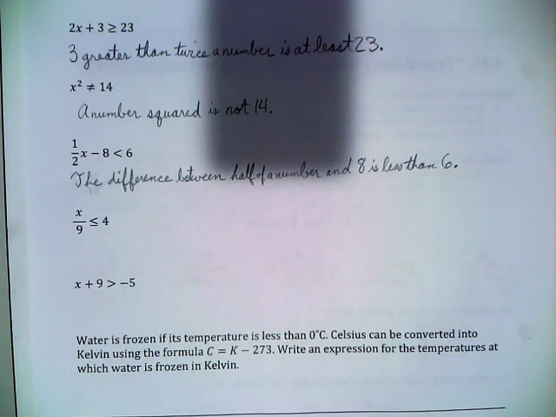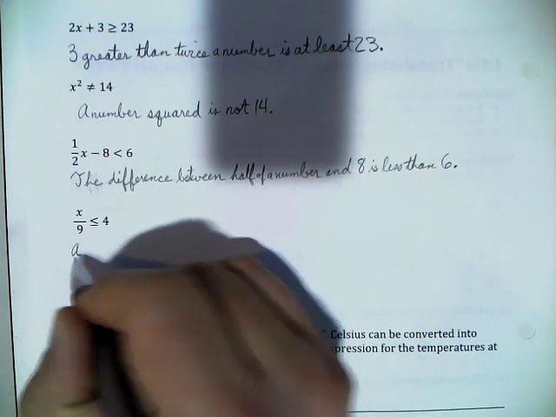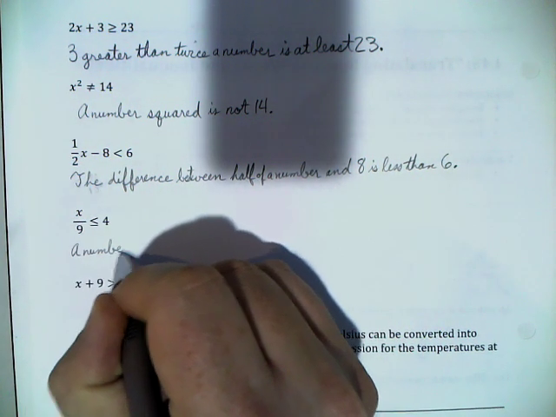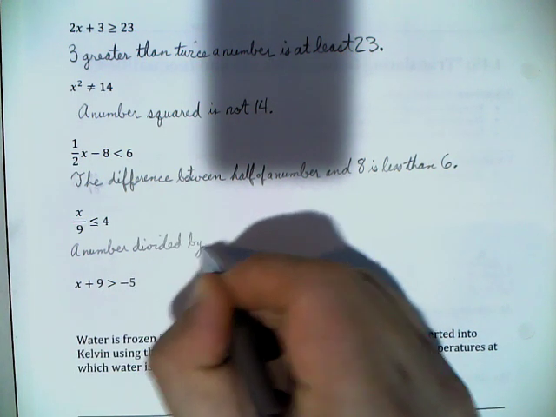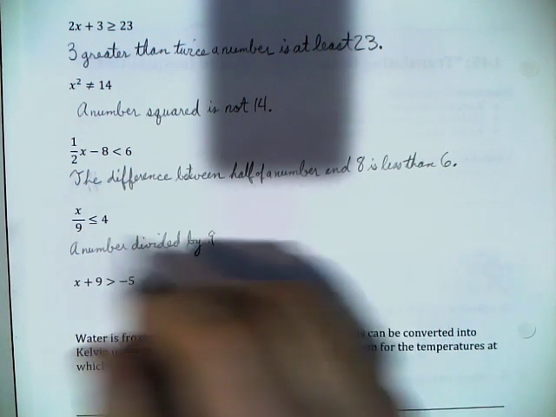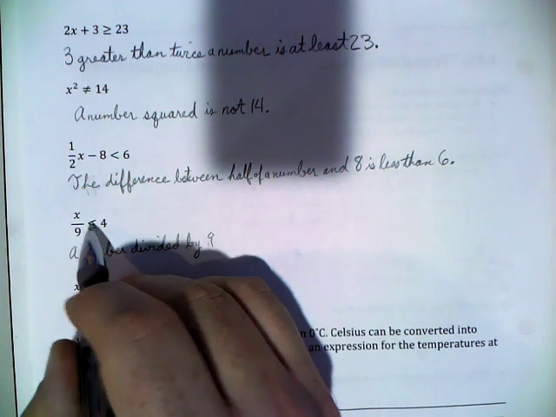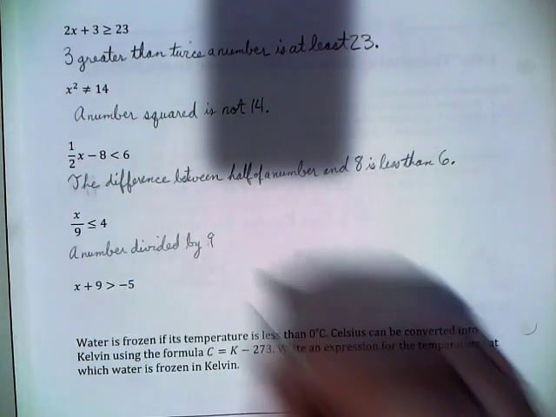Next up, so x over 9 is less than or equal to 4. A few different ways that we could say this one. We could just think of this as division. So a number divided by 9. And since this is a less than or equal to, that means all these values are less than or equal to 4. So 4 is the most it can be.